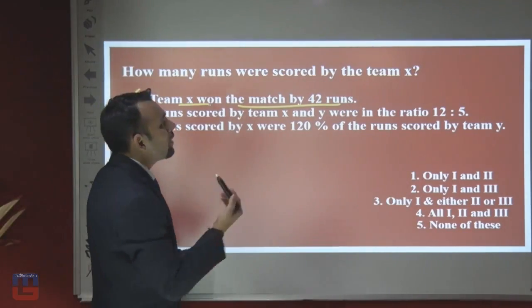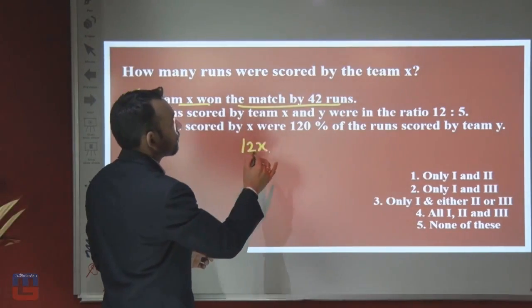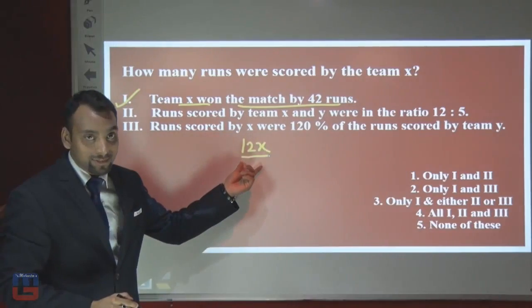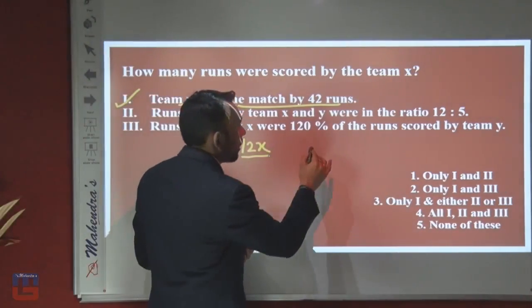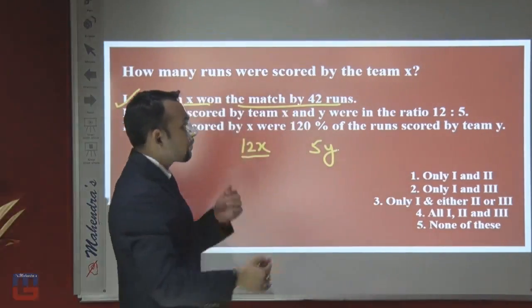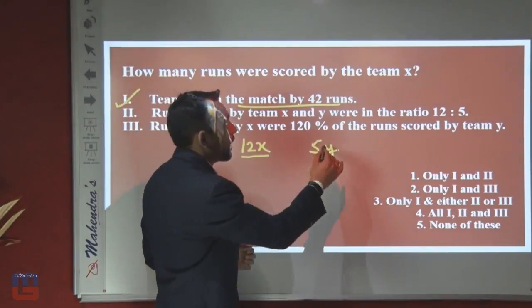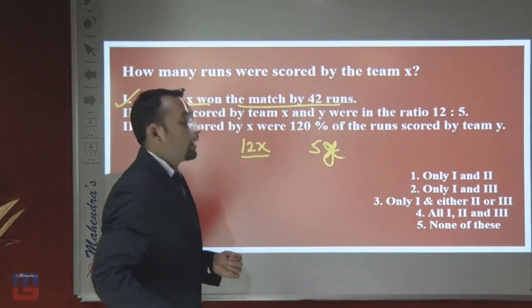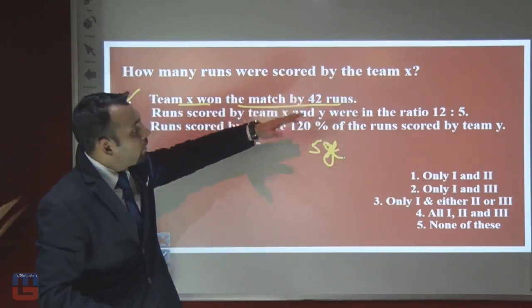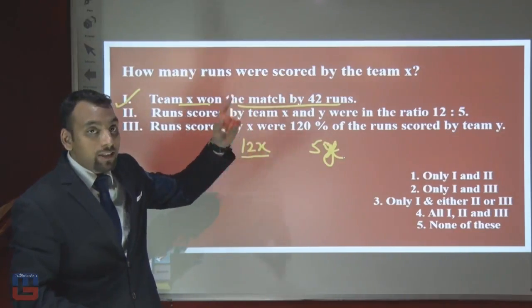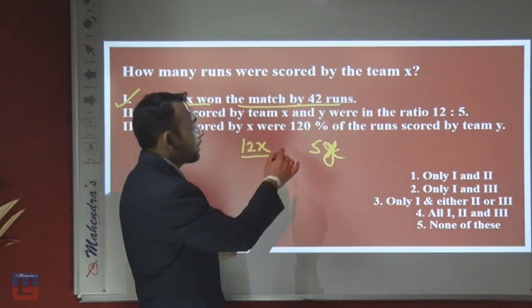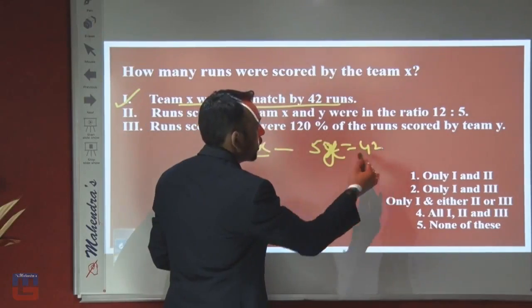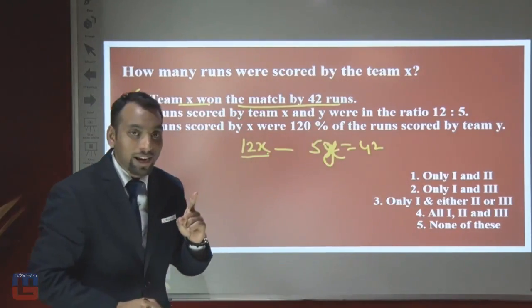Now see, if we assume team X scored 12x runs, in the same way team Y has 5x, and the difference between these two is 42, as given in the first statement. So 7x will be 42, x will be 6.